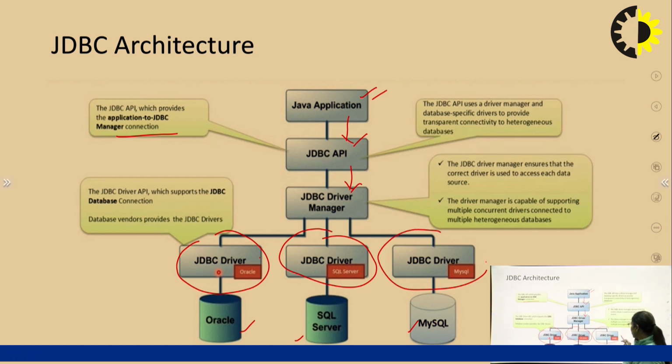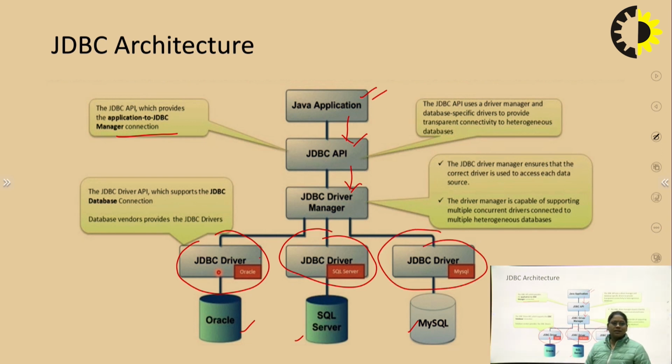Or if we want to connect with the MySQL database, then first we need to load the MySQL driver. Only then can we access the information from the database. So first of all, we need to load that particular driver. This is our whole architecture of how we can interact with the database, and how the Java application will interact with the database.